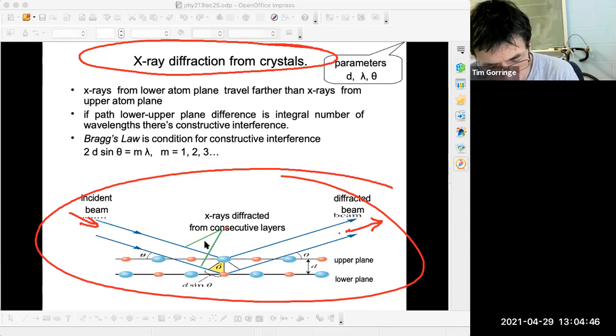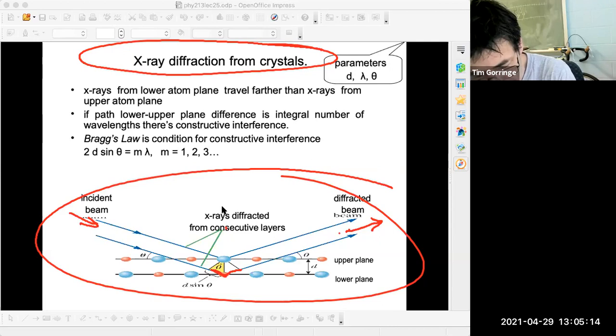If there's a whole number of wavelengths for this extra path, I'll show it here, that's taken by the diffraction off the bottom layer compared to the diffraction off the top layer, that's a whole number of wavelengths, you get constructive interference over on the right-hand side. So that'll be like your X-ray rainbow. And so that's X-ray diffraction.